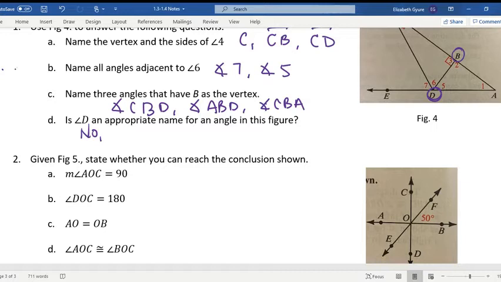If you say angle D, I don't know if you're talking about 5, 6, 7, the straight angle, any combination of those angles. So no, because D is the vertex of multiple angles.